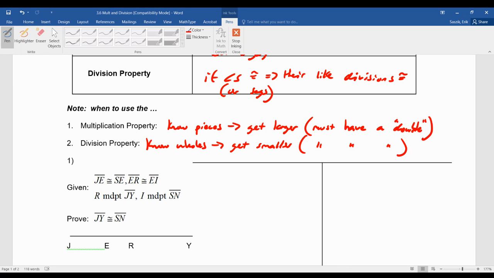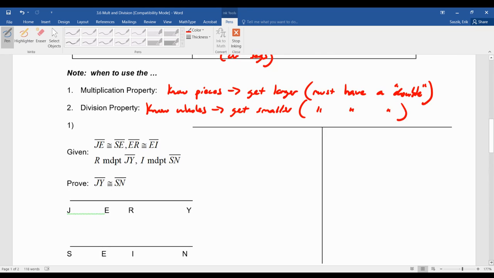So if you don't have that bisection happening twice, that trisection happening twice, that midpoint happening twice, it's impossible to use multiplication or division. You have to have that double. Now, when you see that double bisection, double trisection, double midpoint, it doesn't guarantee that you're going to use multiplication or division. It doesn't guarantee it, but you could potentially. If you don't have it, it's not possible.